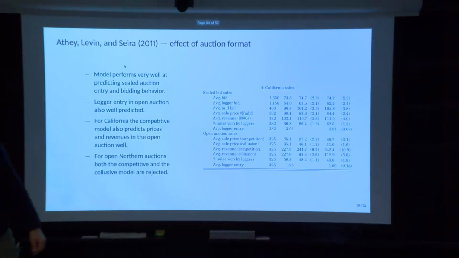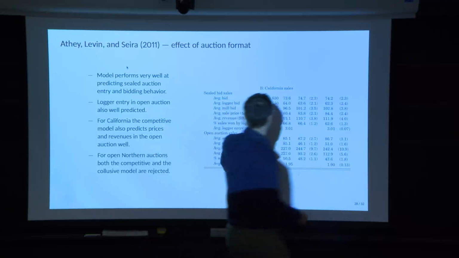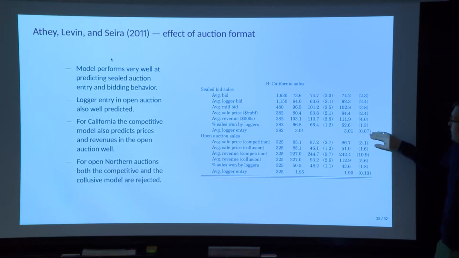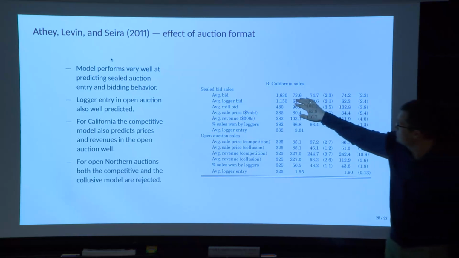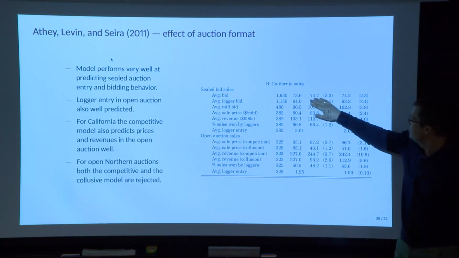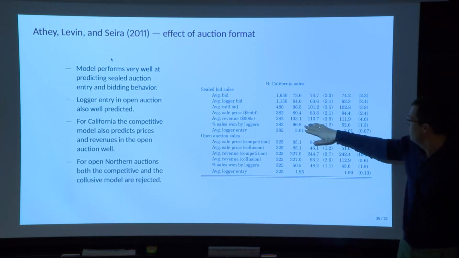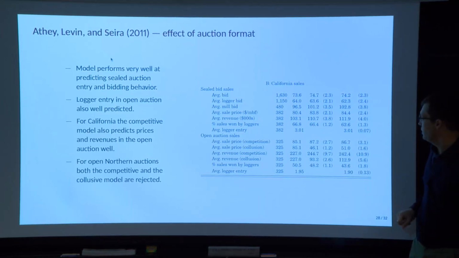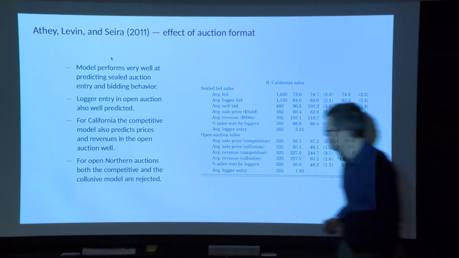And just very briefly, if you look at sealed bids for California, the same is true. Okay, so log entry is predicted perfectly. You get very close values for average bids. And I guess average revenue in California is somewhat over-predicted. Okay.